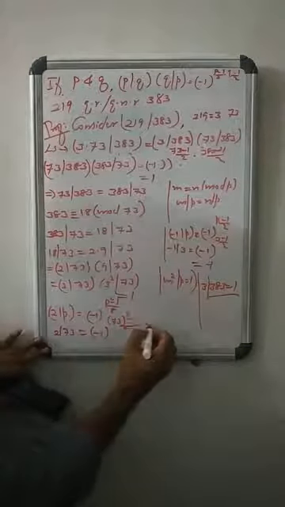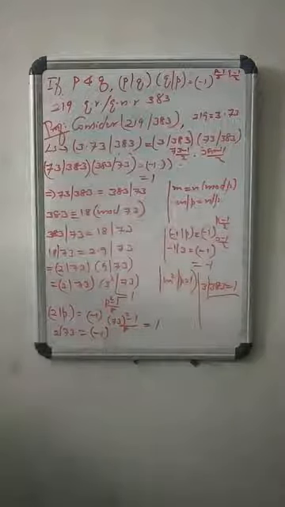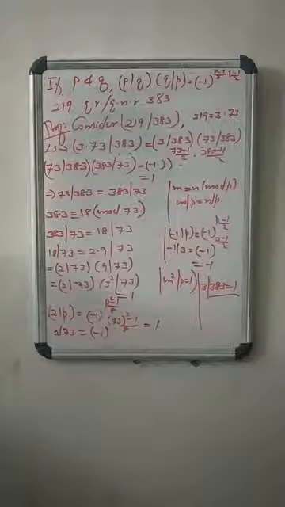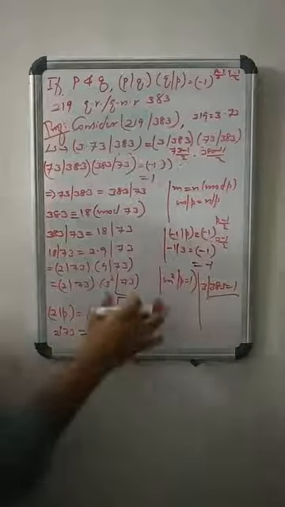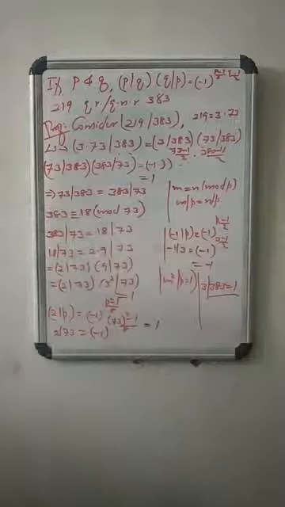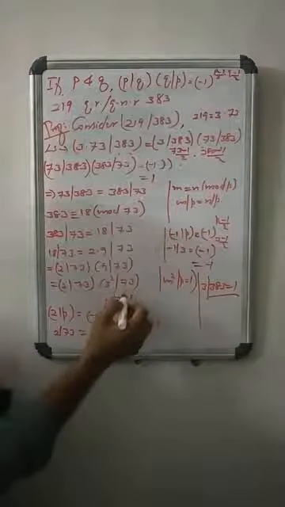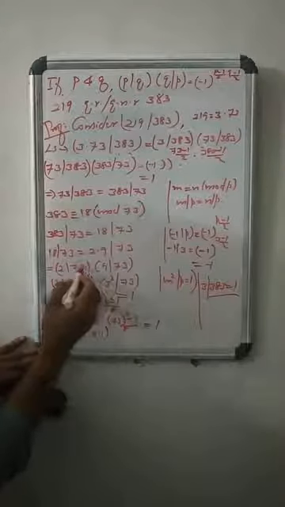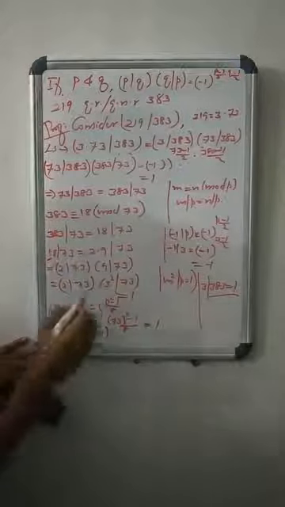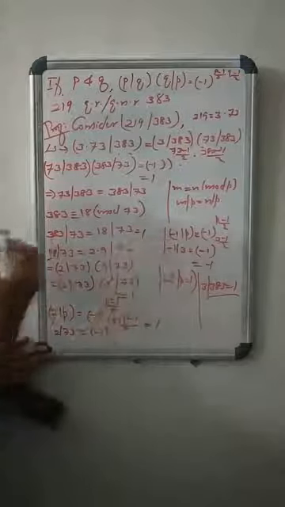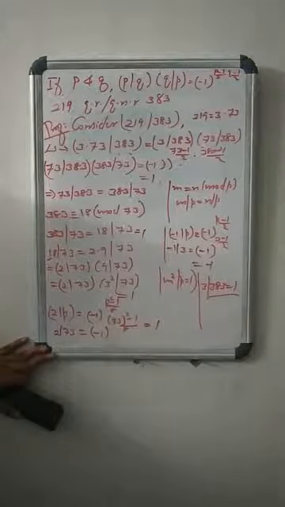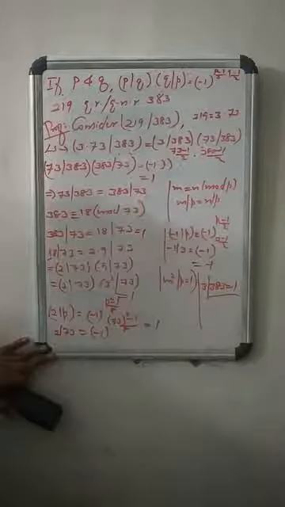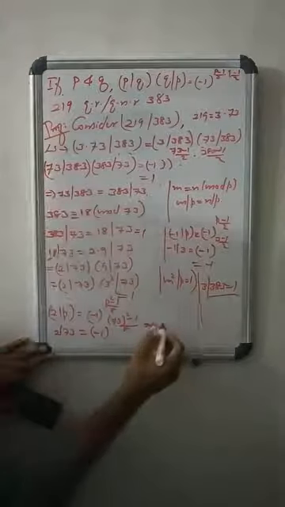If you calculate this, it is also 1, since the exponent is even and (-1) to an even power is plus 1. So (3²/73) is 1 and (2/73) is 1, and the product is 1. Means (18/73) is 1, so (383/73) is 1, which means (73/383) is 1.